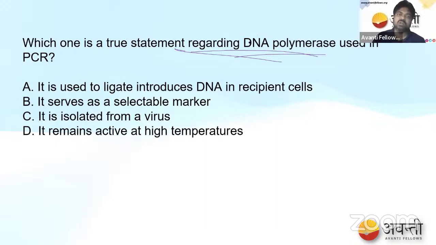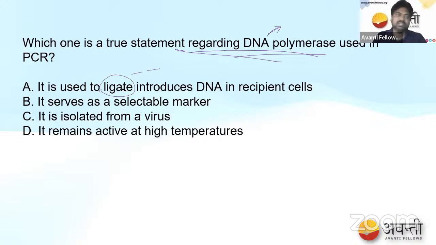So we know when we use DNA polymerase in case of PCR, that DNA polymerase is the thermostable polymerase, and that polymerase is known as the Taq polymerase. ठीक है, Taq polymerase को हम use करते हैं, that comes from the Thermus aquaticus bacteria. Okay, so it is used to ligate the DNA? Ligate नहीं करते. Ligate का मतलब होता है दो सेगमेंट को ज्वाइन करना, ठीक है.